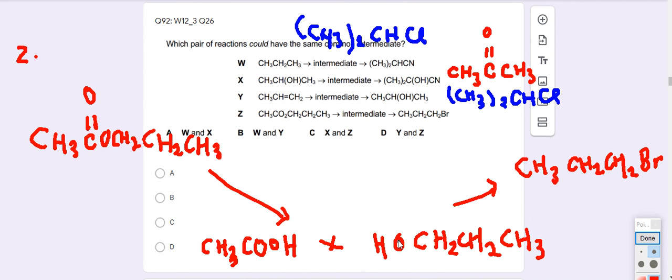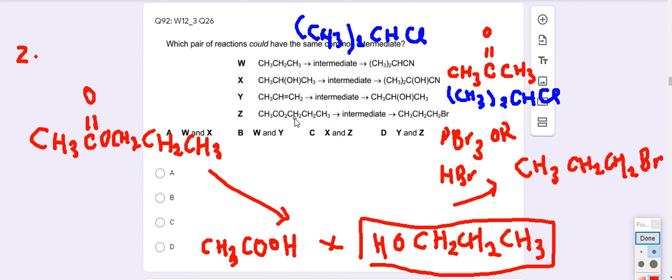Now, this alcohol will be the intermediate that will later be converted into this 1-bromopropane. So we can use HBr, or we can use PBr3 to turn this alcohol into bromopropane. So this is the intermediate for the last reaction.